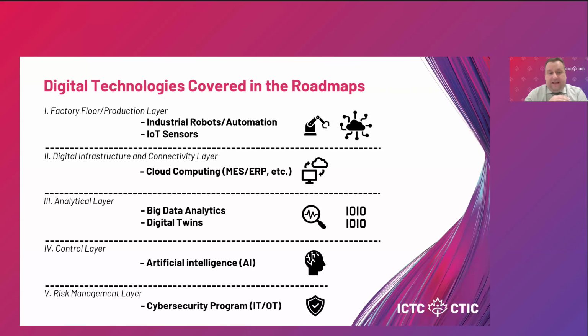Powering that and hosting the data is the analytical layer, with software and applications to do big data analytics and produce digital twins for your business. Then on a control layer, though few manufacturers are really here yet, having artificial intelligence. And then from a risk management perspective, having cybersecurity, both from an information technology standpoint as well as an operational technology standpoint, so the actual production equipment and machinery is defended from cybersecurity incidents as well.